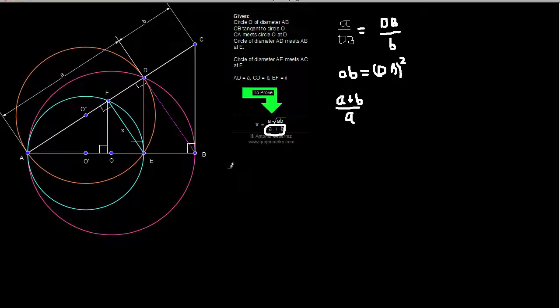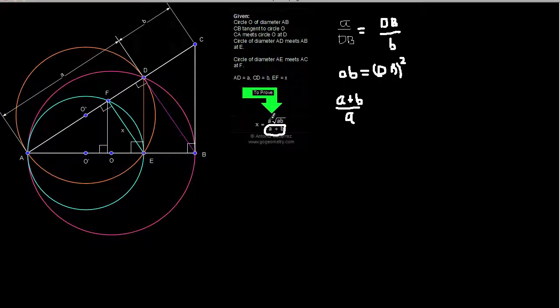But I want to get the DB into the equation, and DB isn't one of the sides of this triangle, and it's not one of the sides of the big triangle, although it is one of the sides of this triangle right in here. I want to get A, B, and A on one side.